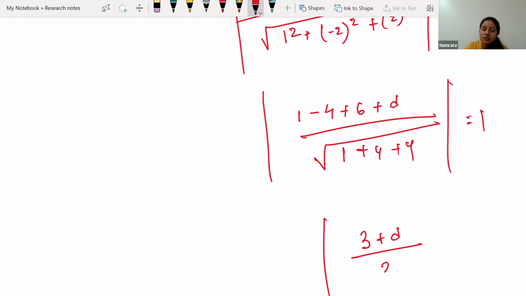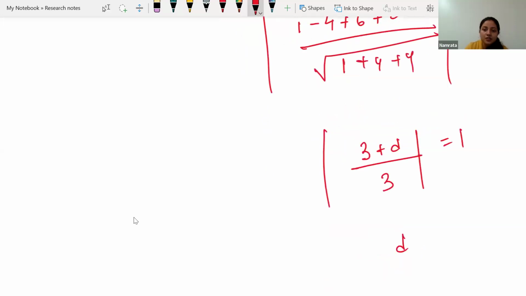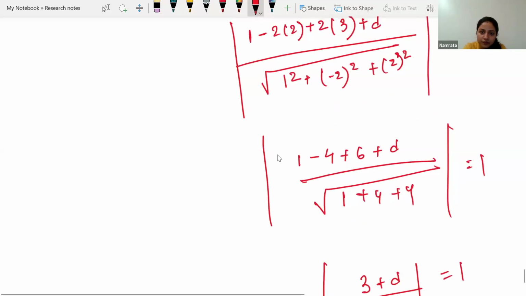So d we are getting as 0, right? We are getting d as 0. This 3 will go over there. Have we done the calculation correctly? 6, 7. Yeah.